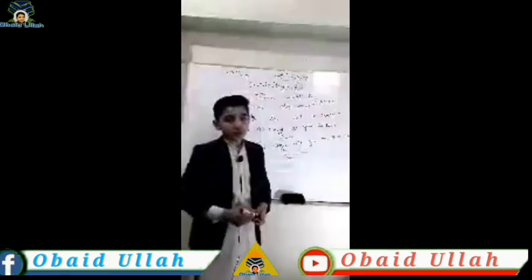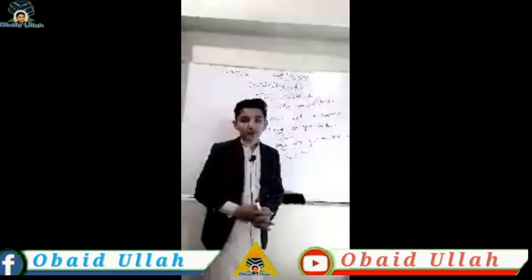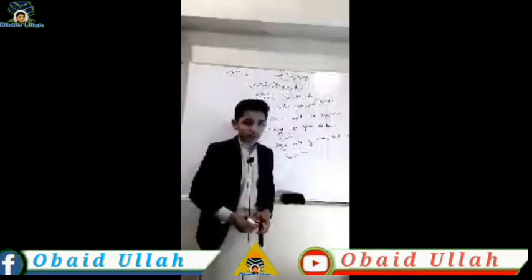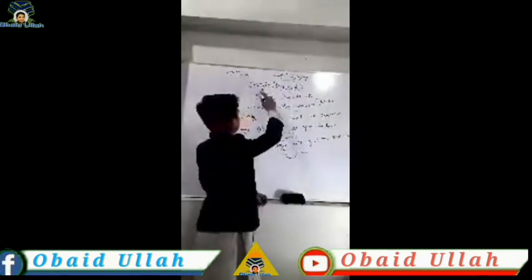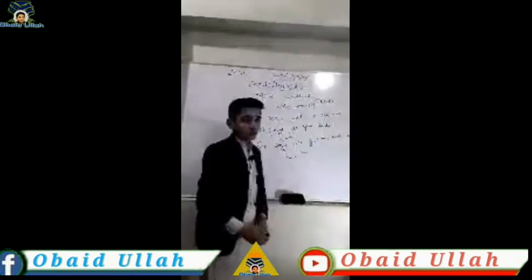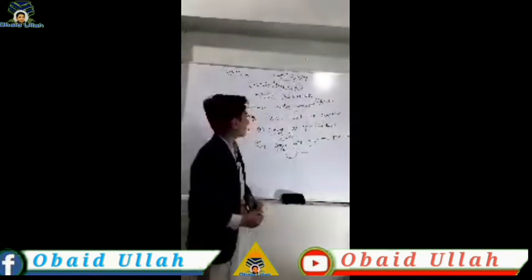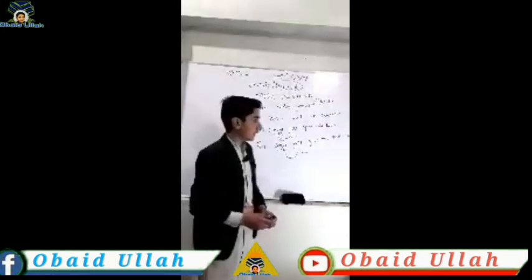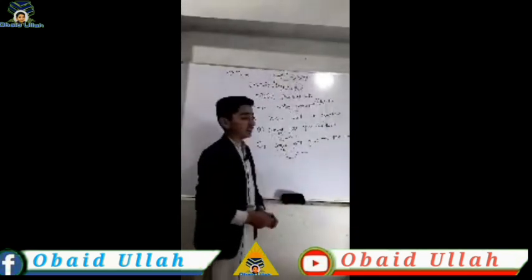Let me explain it. Should and would are modal auxiliary verbs. The structure of should is: first we use subject plus should plus verb first form plus rest of the sentence, and it is the same with would: subject plus would plus verb first form plus rest of the sentence. We have two definitions of should. The first is advisability, to advise someone, and the second is obligation, meaning responsibility. And would has three definitions.